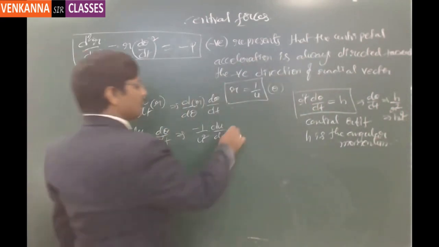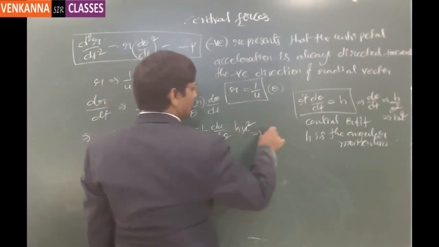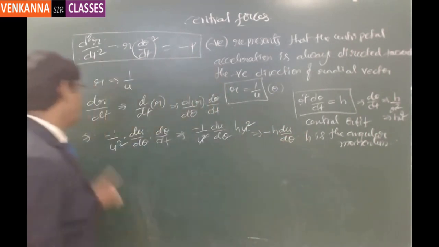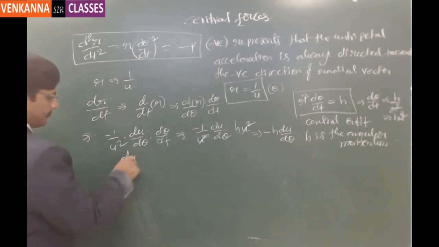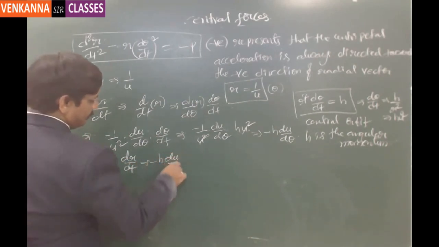So this can be replaced as h u square. So this u square cancels out, and minus h into du by d theta is the value of dr by dt.